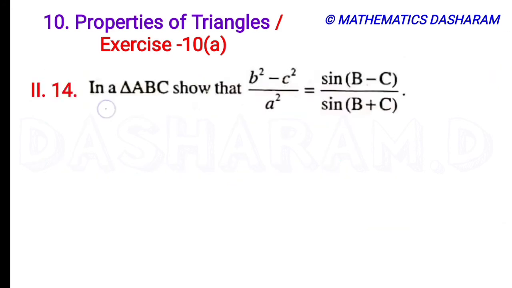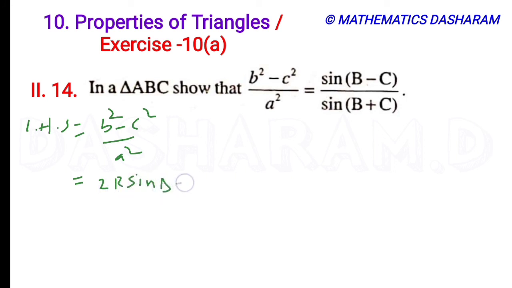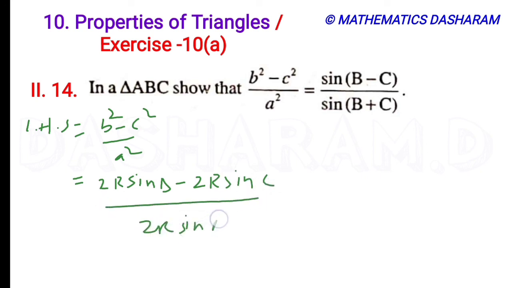14th problem, in triangle ABC, show that (b square minus c square)/a square equals sin (b minus c) divided by sin (b plus c). So first LHS equals (b square minus c square)/a square. From the sine rule, the b formula is 2r sin b, the c formula is 2r sin c and the a formula is 2r sin a. But in the LHS he gave squares, so then apply the square for each term.